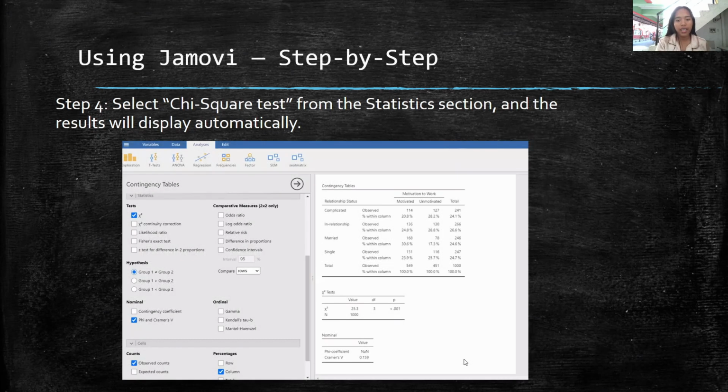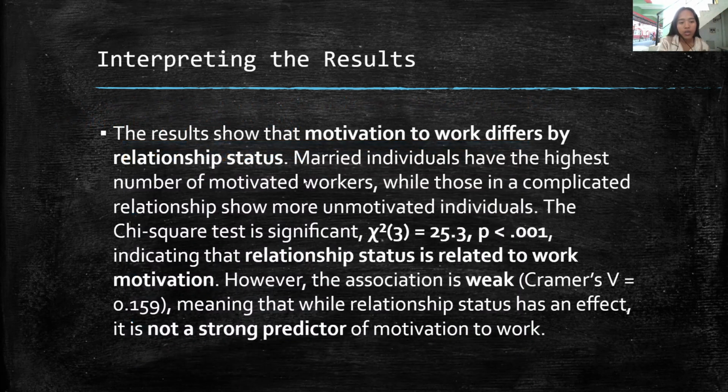So in this Jamovi, we can see the results in this area. And to summarize the results based on the data that I input, the results show that motivation to work differs by relationship status. Married individuals have the highest number of motivated workers, while those in a complicated relationship show more unmotivated individuals.